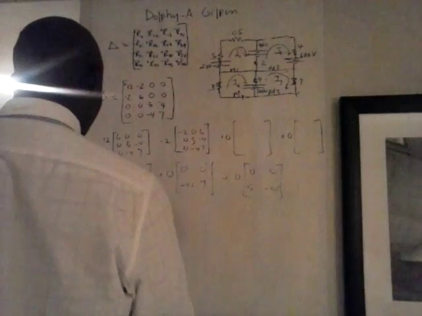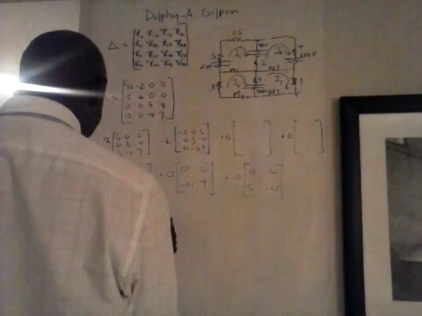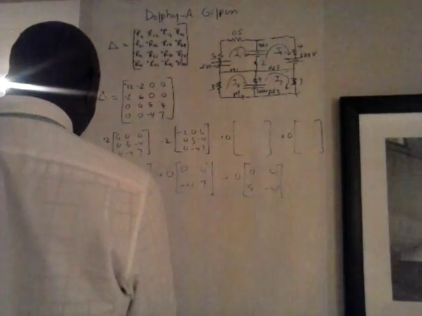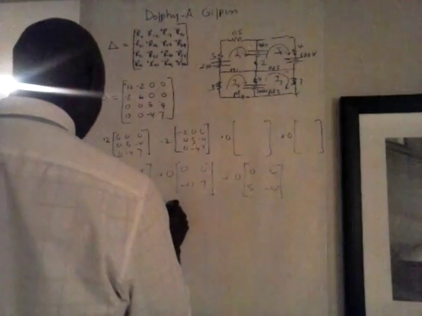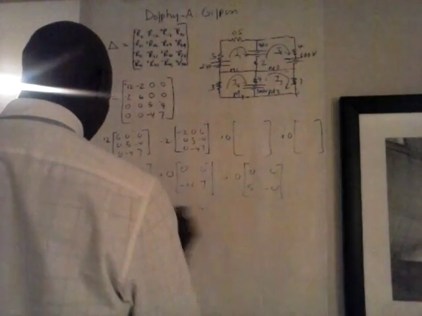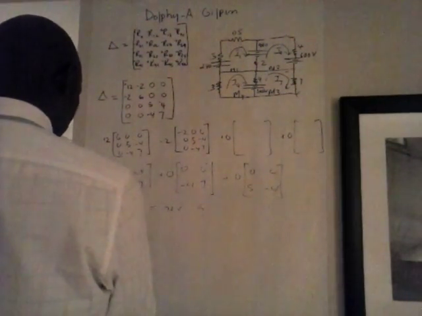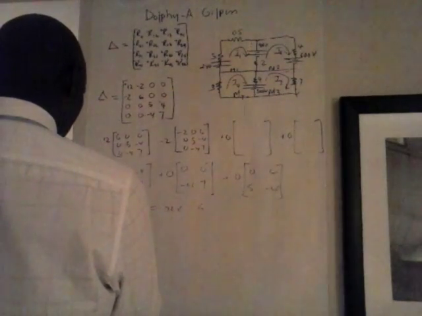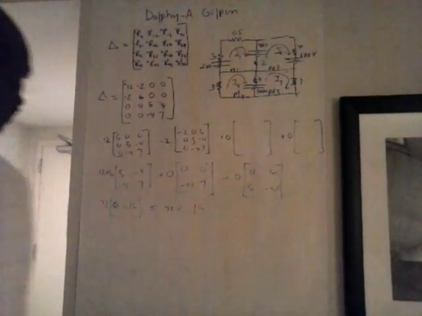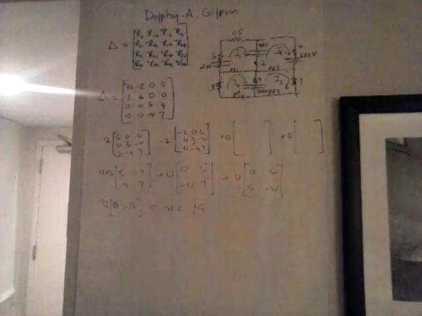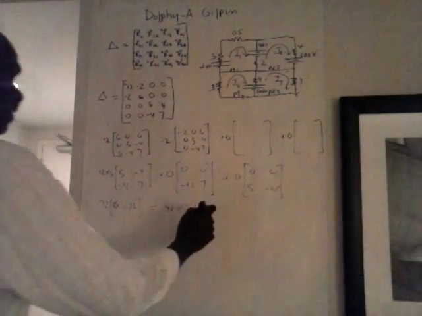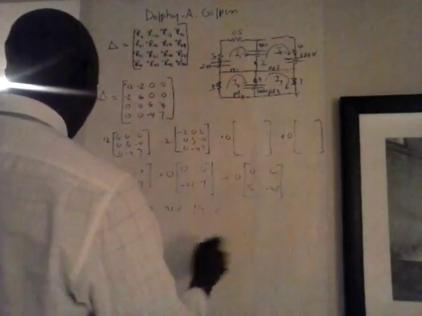So that will be equal now to 72 multiplied by 35 minus 16, which is 19. 72 multiplied by 19, and that will be equal to delta.